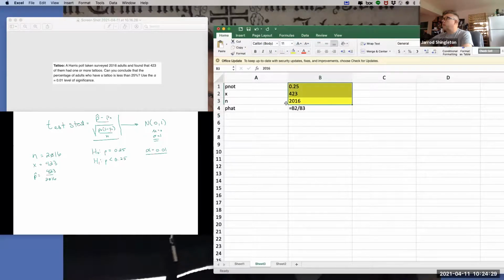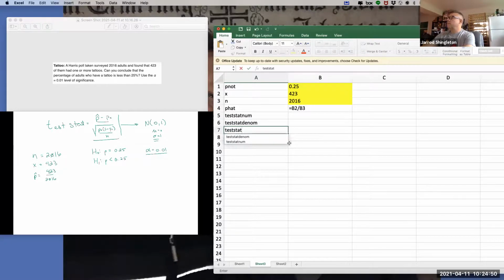Everything else that's calculated, I let stay white. All right, so now I have everything I need to calculate the test statistic. The test statistic for this is a little more complicated, so I usually break it into a numerator and denominator. So test stat numerator, test stat denominator, and then the final test stat is going to be the numerator divided by the denominator.